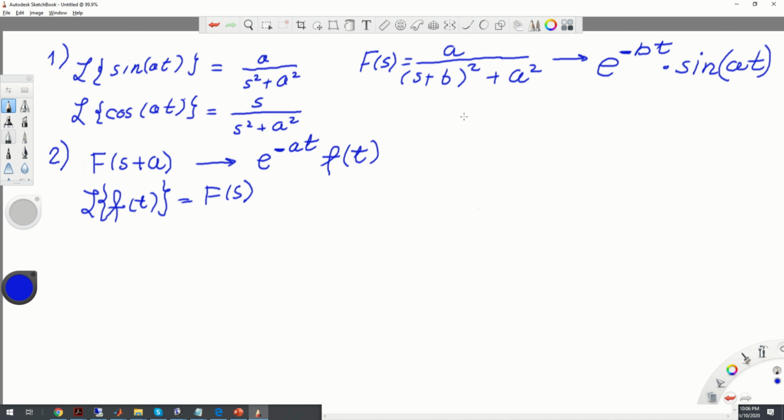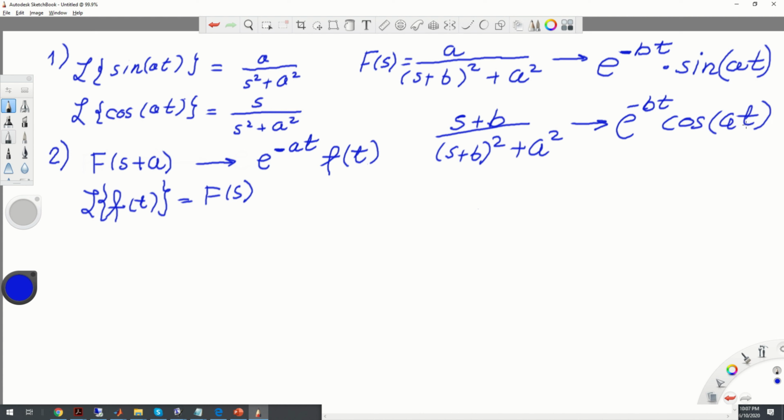Similarly, if we would have s plus b over s plus b squared plus a squared, in the time domain this is e to the minus bt cosine at. So this is the Laplace transform of the cosine function that's shifted in the frequency domain.